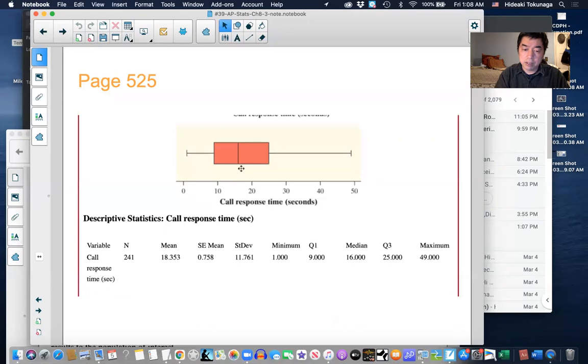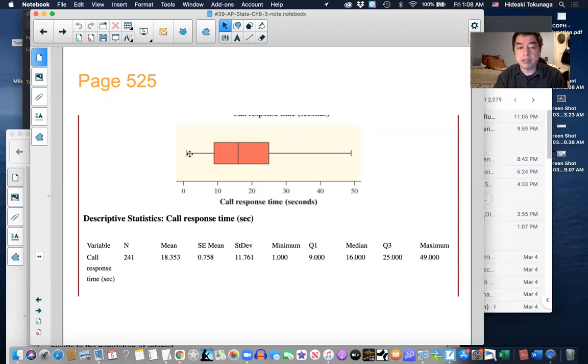So let's see. Center is mean, or median. For this case, maybe you can treat median, or maybe mean, because we have to use mean later.